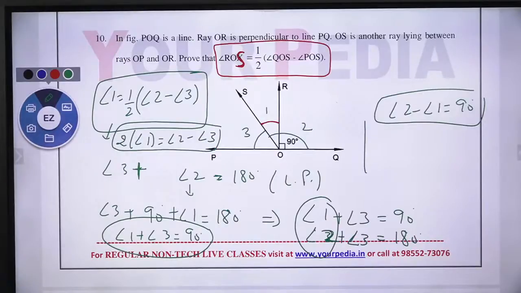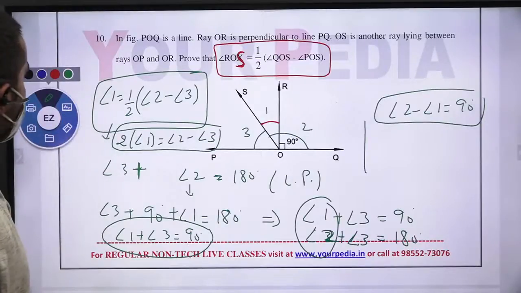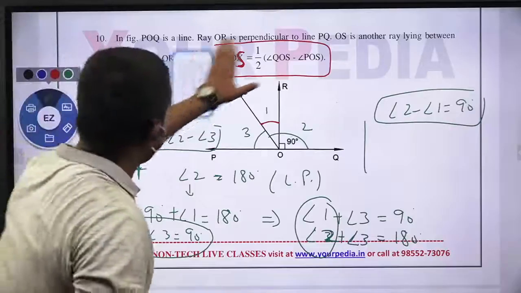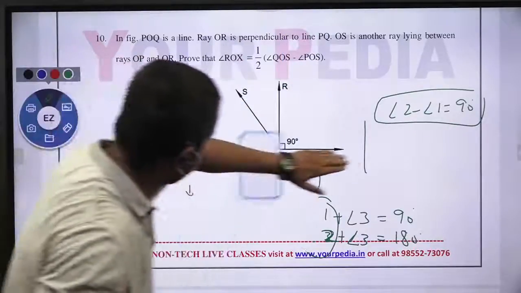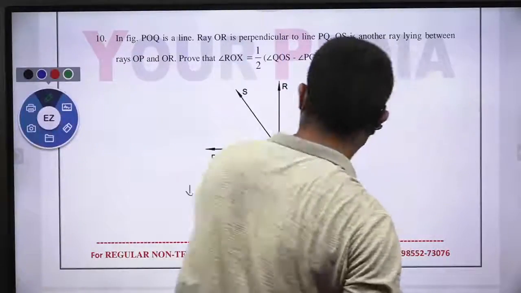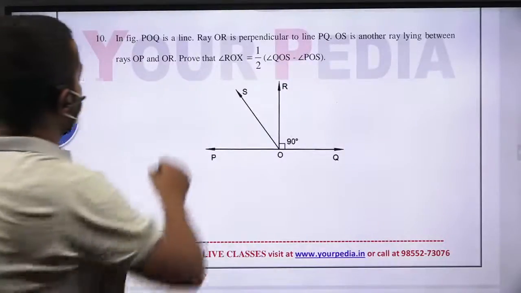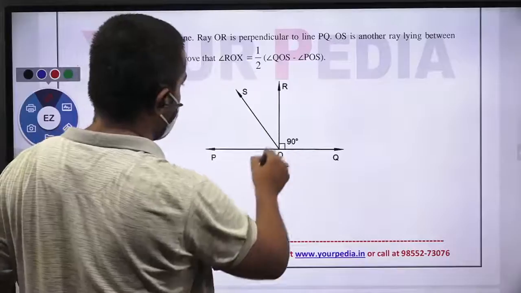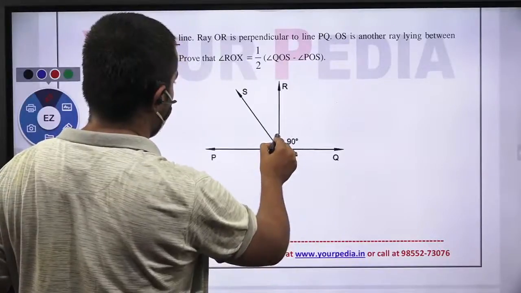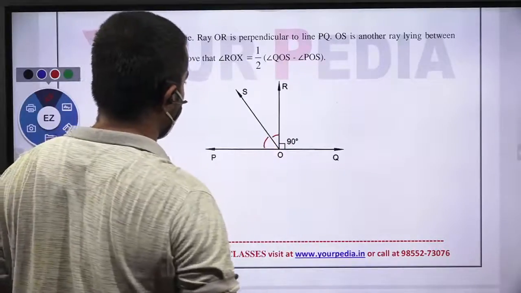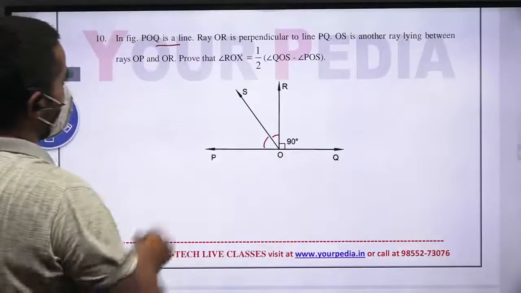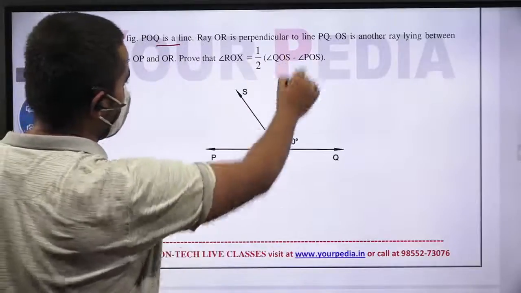Let's do it again, students. Let's try to simplify this again. POQ is a line. Of course, POQ is a line. So that means this and this sum will be 180. OR is perpendicular to line PQ.